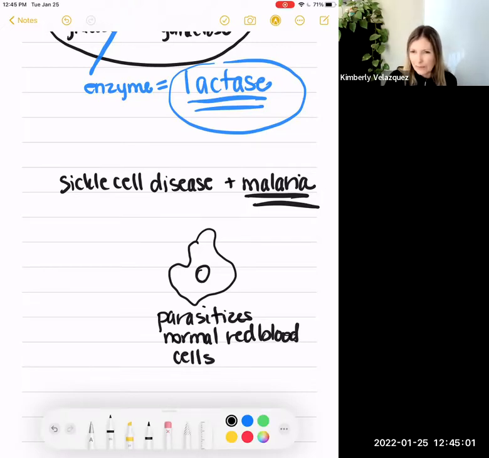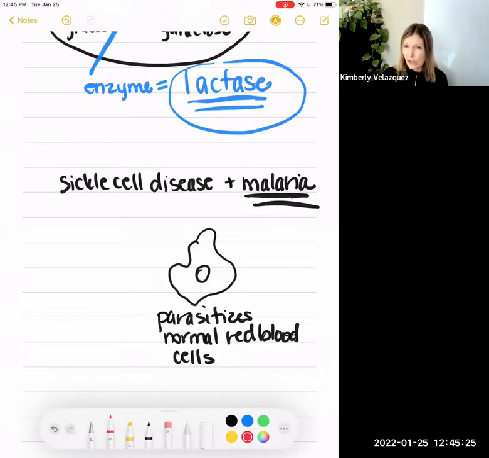Sickle cell disease, completely unrelated normally, except in this story, okay? In sickle cell disease, you have a gene mutation that causes one amino acid in your protein for hemoglobin to be incorrect, and that protein doesn't fold correctly.